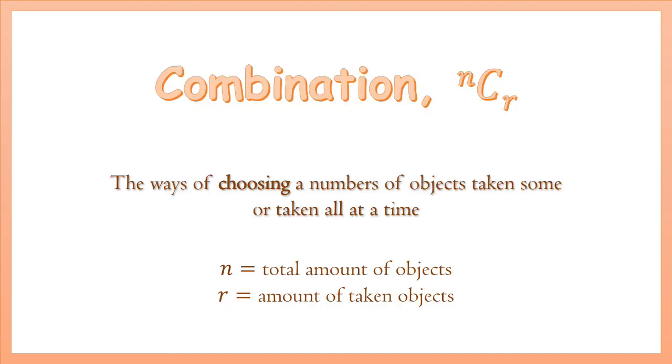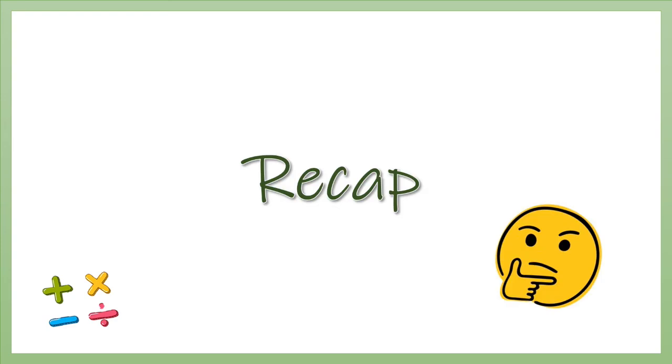So combination is the ways of choosing a number of objects taken some or taken all at a time. We can write the number of ways as nCr, where n denotes the total amount of objects, r denotes the amount of taken objects.